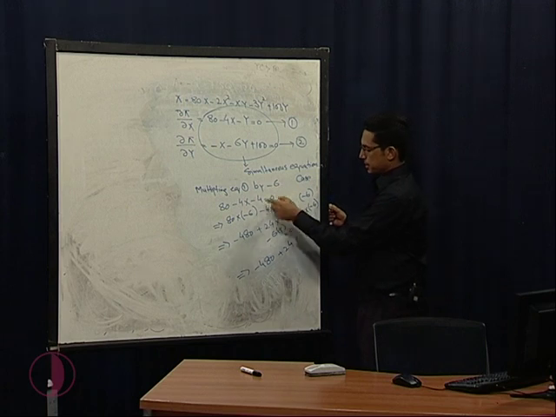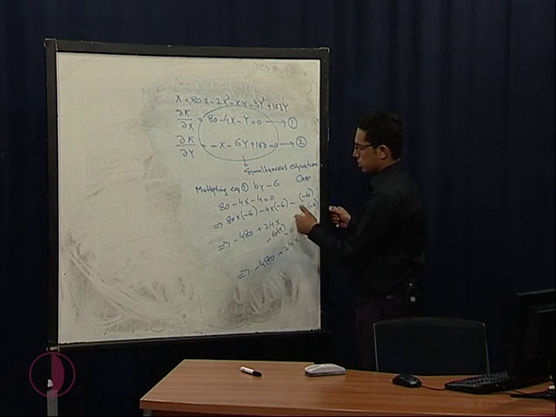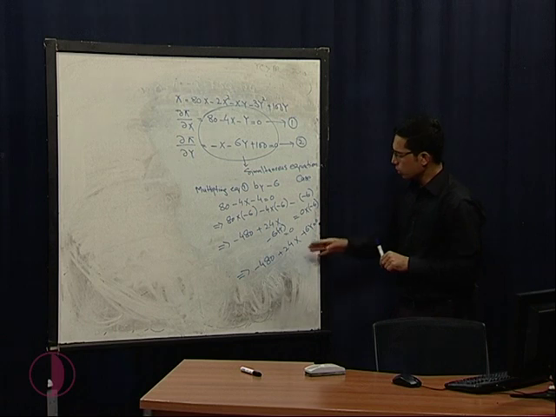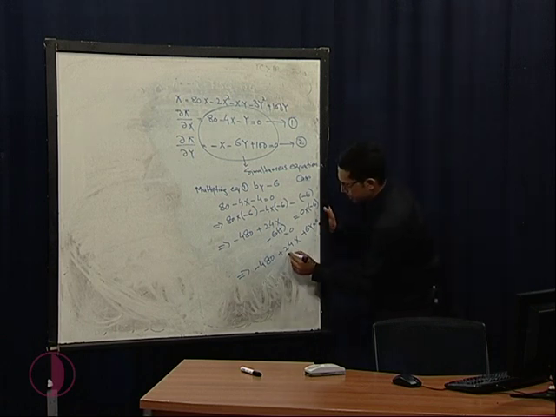This is minus 6 and we will multiply minus 6 with minus y. So we can get 6y. This is the equation. Now look at this equation. For example, this is equation 3.